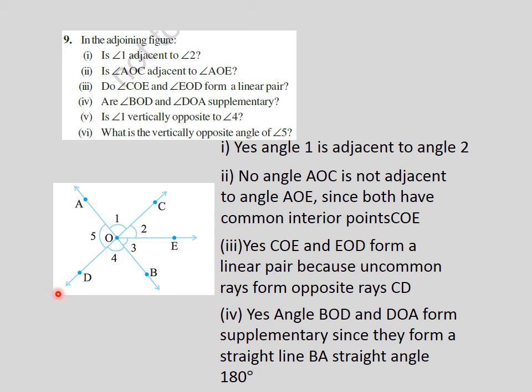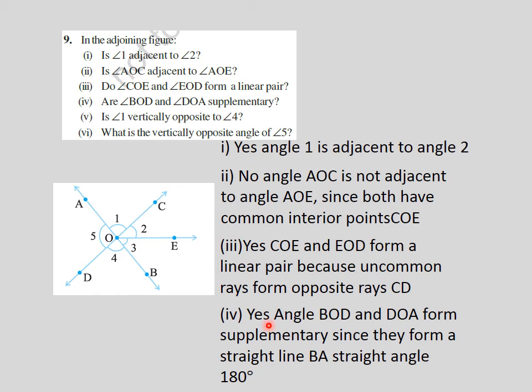OC and OD are opposite rays. So angle COE and angle EOD form a linear pair, because if you add COE and EOD, you get a straight angle of 180 degrees. When you get a straight angle of 180 degrees and the rays are opposite to each other, then they form a linear pair. CO is opposite to OD.